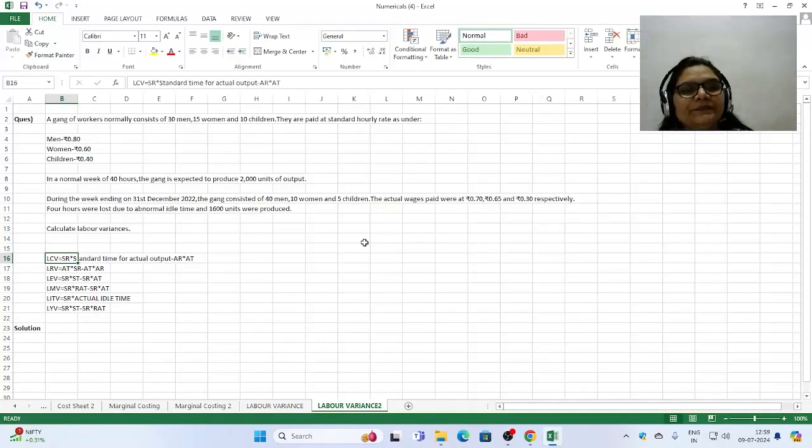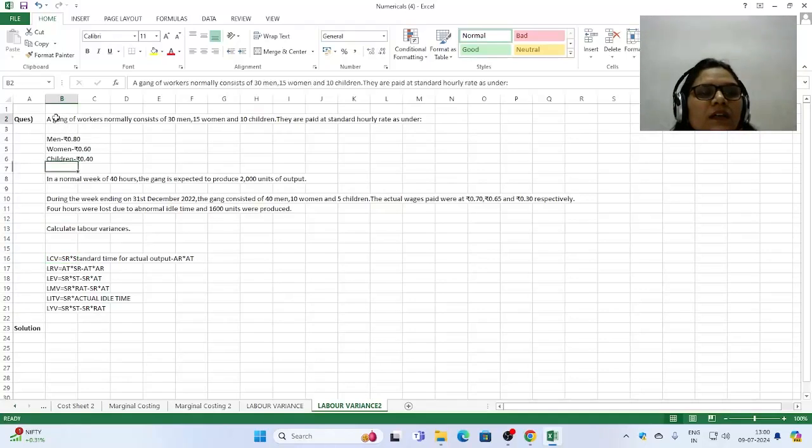Next is another question we will be doing here. A gang of workers normally consists of 30 men, 15 women, and 10 children. They are paid at standard hourly rate as under: men rupees 0.80, women 0.60, children 0.40.